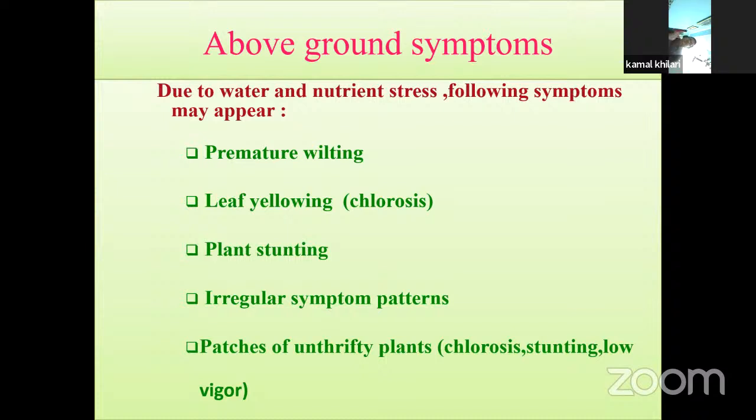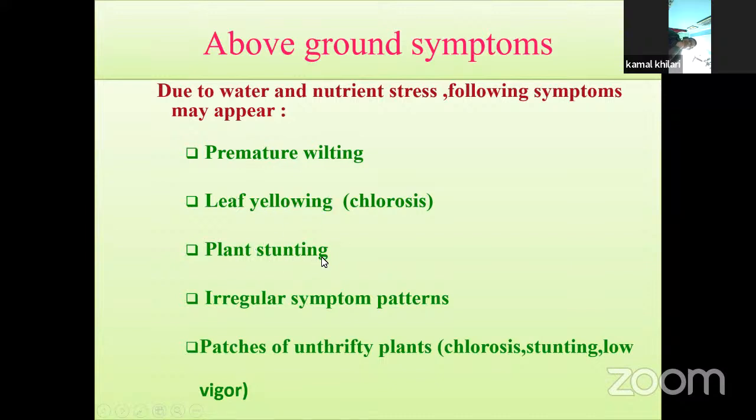For example, in case of animals, if there is an infestation of internal or external parasites like Ascaris, etc., naturally, in human beings as well as in animals, there may be deficiency of blood, or there may be anemic symptoms. Similarly, in case of plants, there may be yellowing, and then plant stunting.